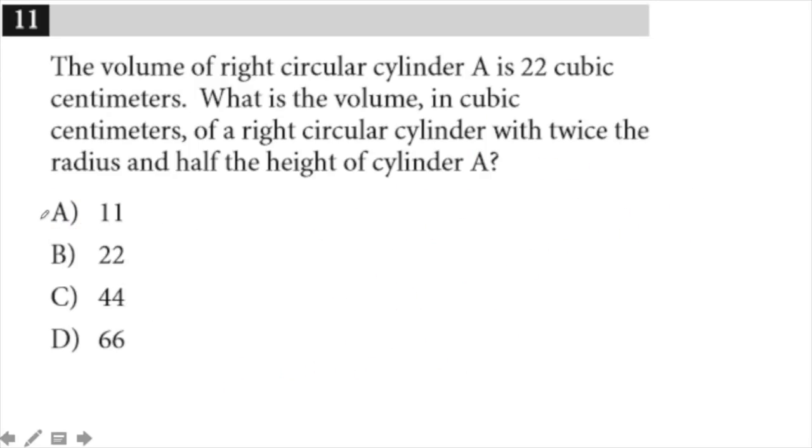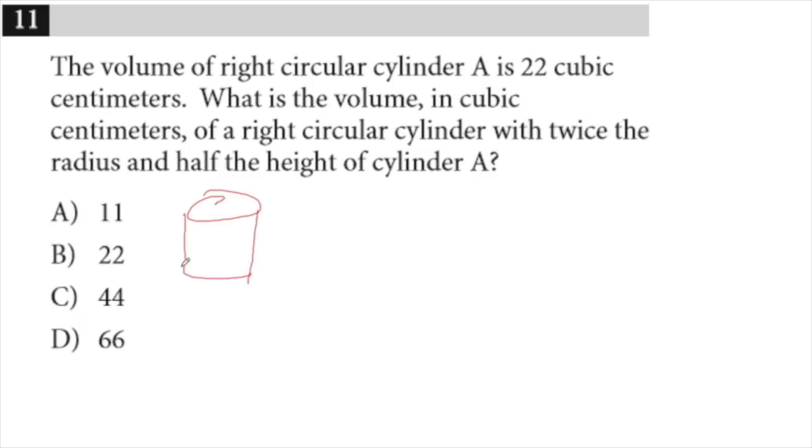The volume of the right circular cylinder is 22 cubic centimeters. The new cylinder has twice the radius and half of the height. Okay, we know about the cylinder.